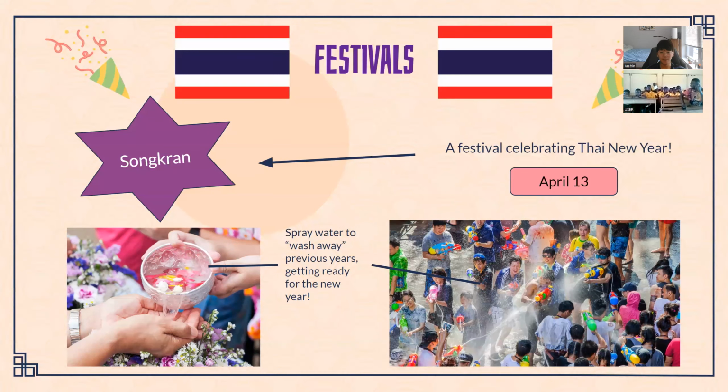So people wash their bodies off to clear off the previous years and get themselves ready for the new year. The picture on the right again shows people shooting water at each other, and it's their way to wash away their previous years.